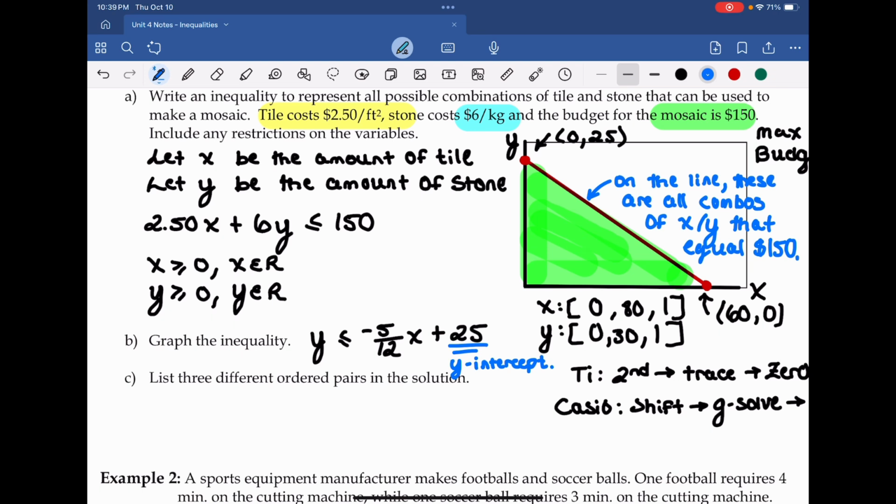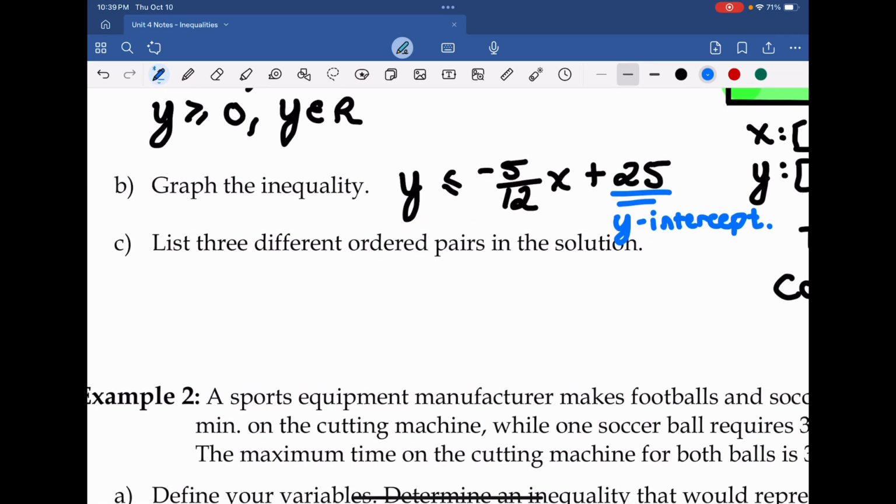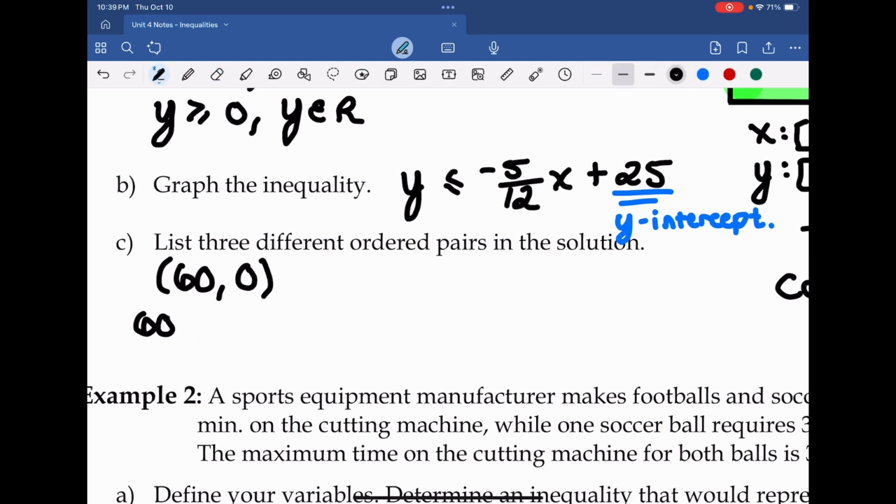Now, when they say list 3 different ordered pairs of the solution, well, let's list our x and y intercepts as part of the solution because they are. With the x intercept, it was 60 and 0. That was one of the solutions. This meant that we use 60 square feet of tile, and we use 0 kg of stone.